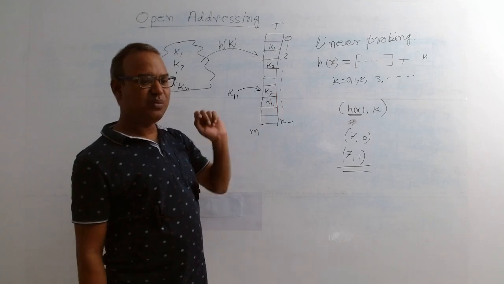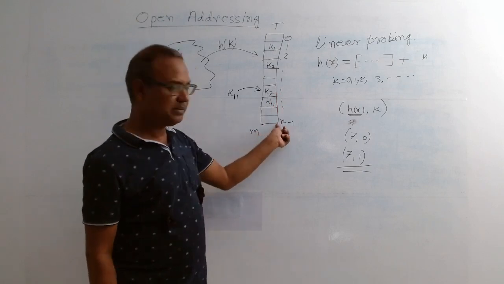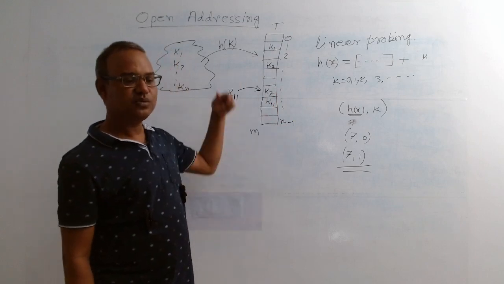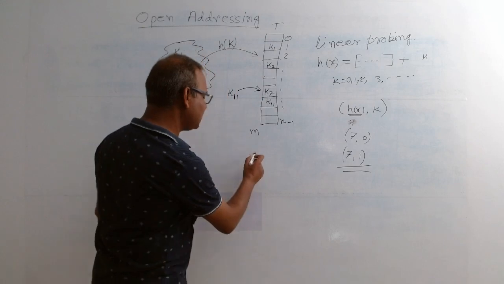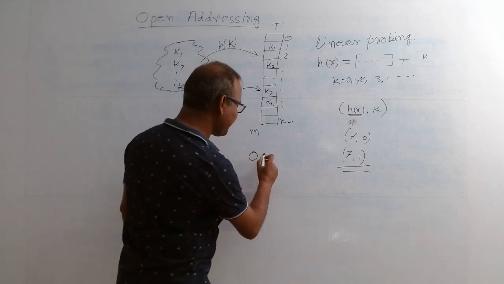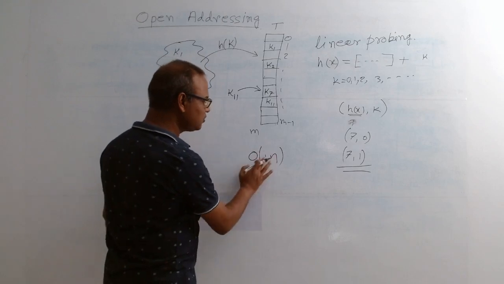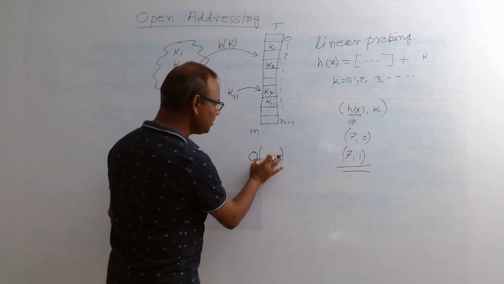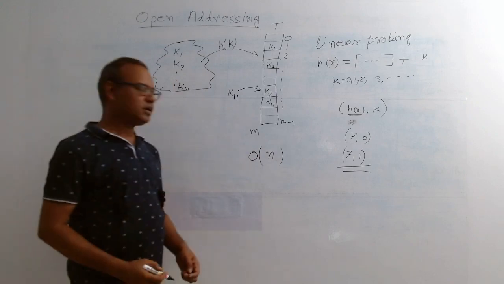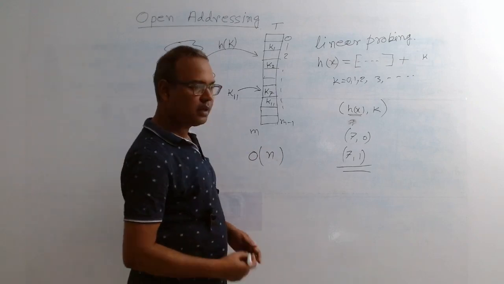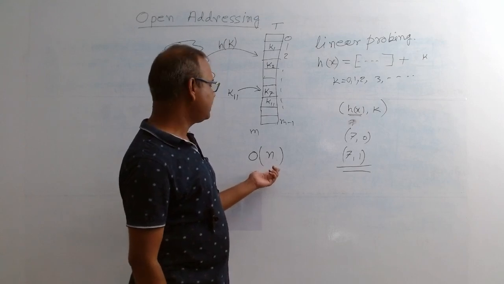So for an absent element, in the worst case, we may have to search the whole table. That will cost us order of m. M is larger than n, but m may be 2n, so we can directly write order of n.